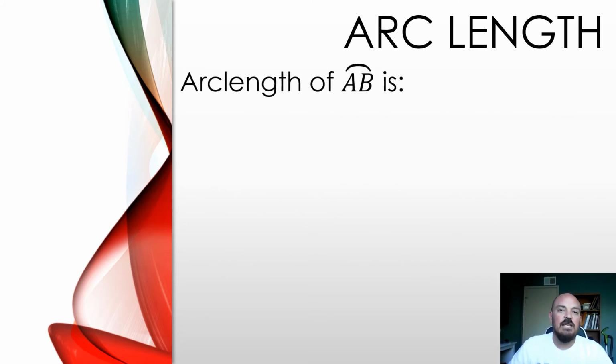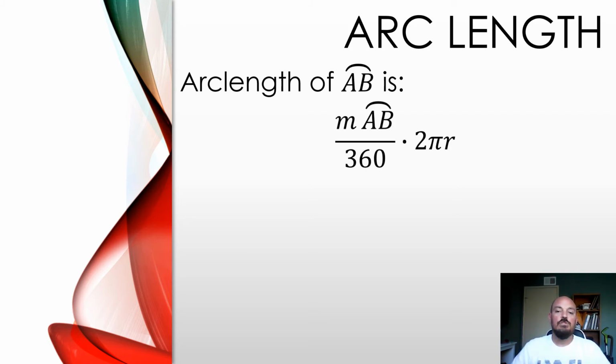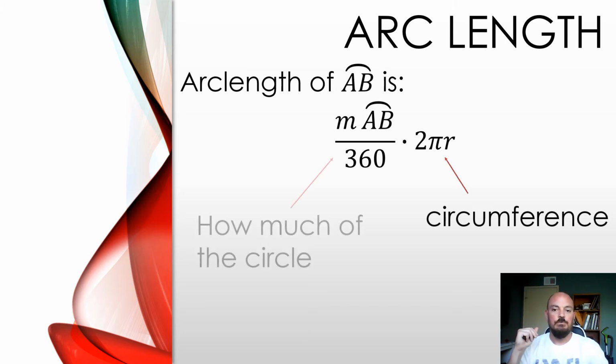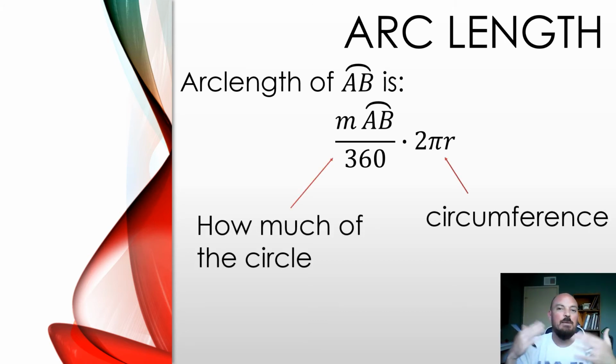So let's put together a formula for arc length of AB. I took the measure of angle AB and divided it by 360. That's figuring out a percentage, how much of the circle we're using. Then 2 pi r is the distance all the way around the circle.